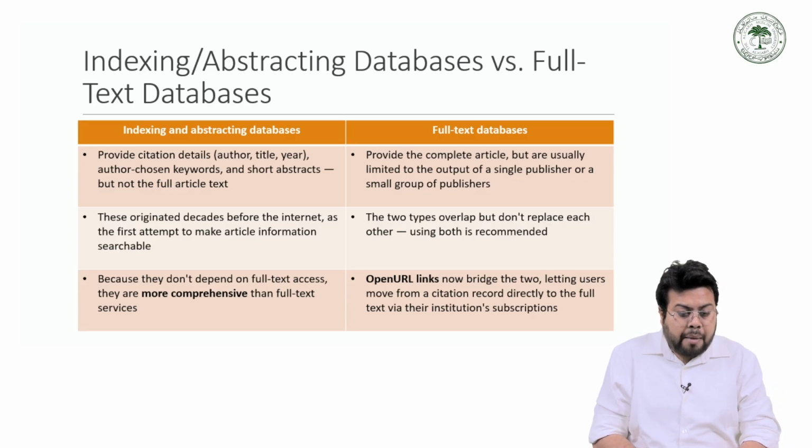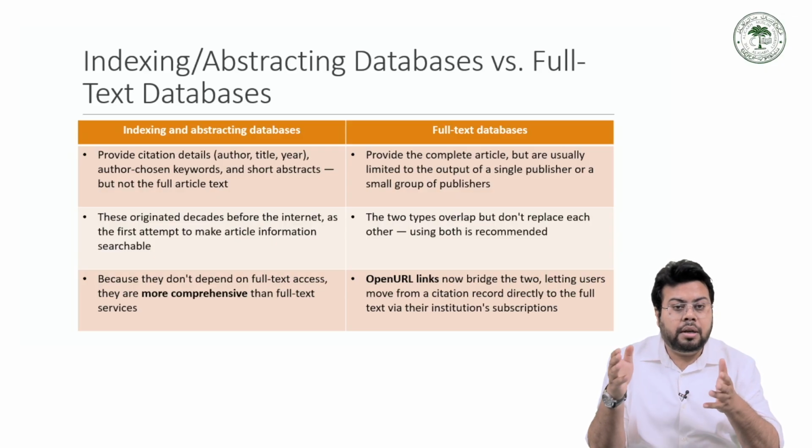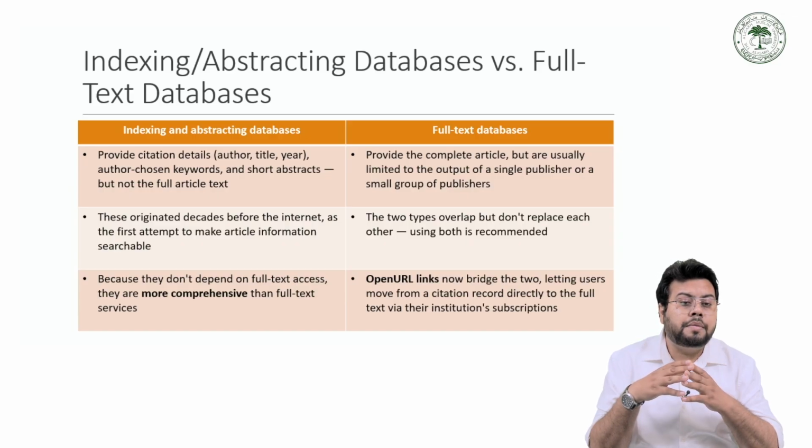In indexing, what happens is it provides citation details: author, title, year, author-chosen keywords, and a short abstract, but not the full article text. Whereas full text databases will provide you the complete article but are limited to the output of a single publisher or a small group of publishers.